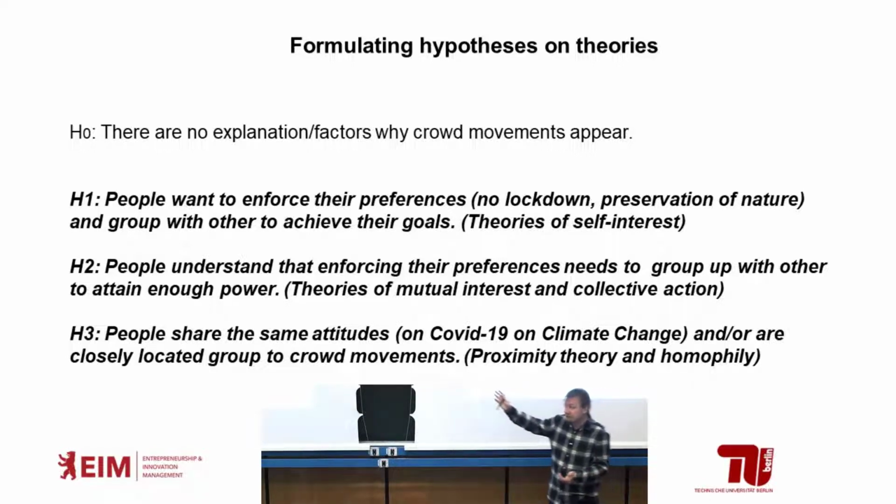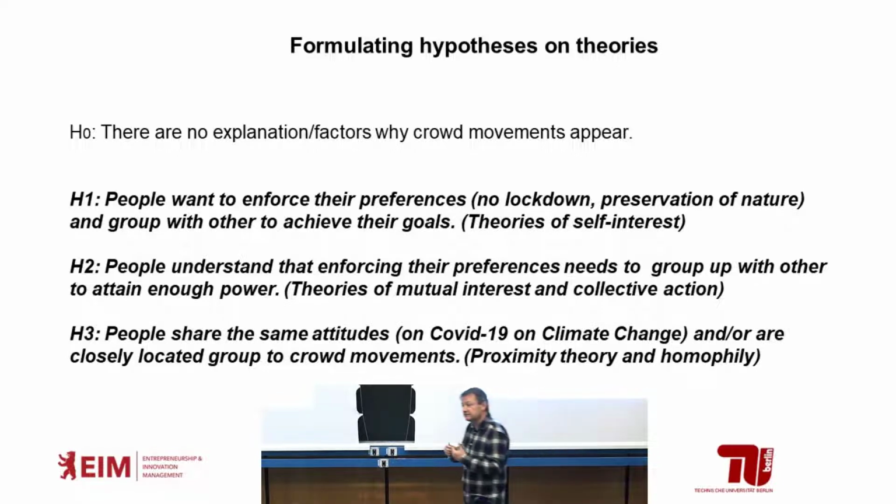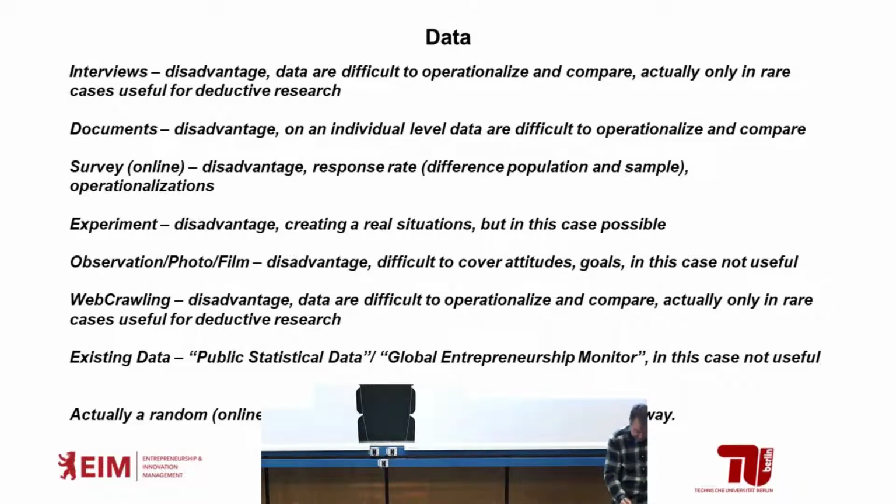It might be possible to design scales so that you can measure the self-interest, that you seek power with others in a group, the similarities, all of that you can measure. We will find scales for that. But who is actually filling the survey and where do you distribute it to get a representative sample of those movements? That's another very deciding question when you actually design research.